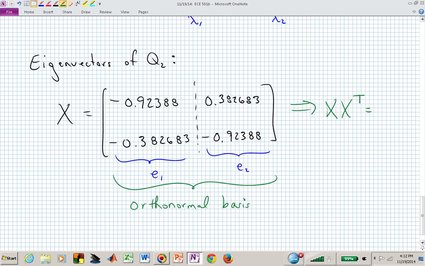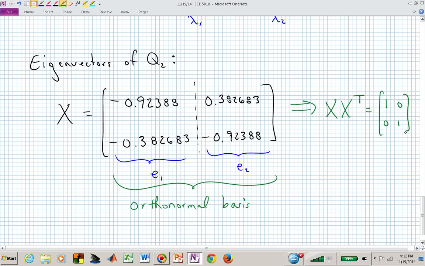These vectors are not only orthogonal, but they've been normalized to have a length of 1 in the Euclidean norm, meaning the norm of E1 is 1, the norm of E2 is 1, and if you take the inner product of E1 with E2, you're going to get 0. If X times X transpose is the identity, then X transpose is really the inverse of X.